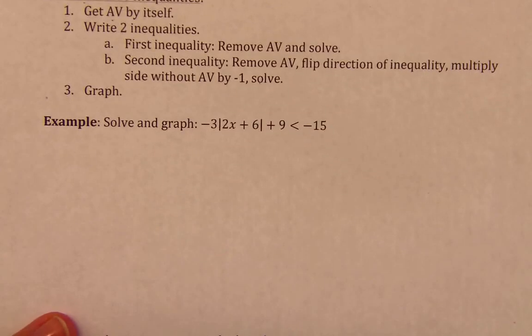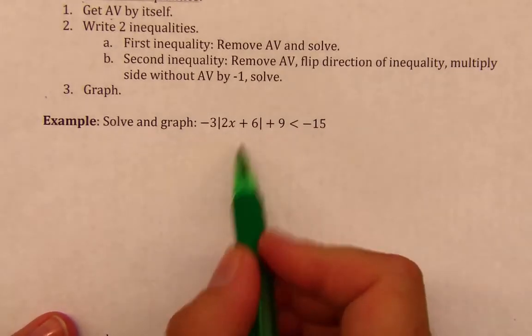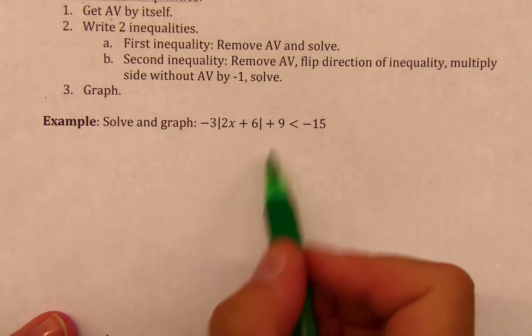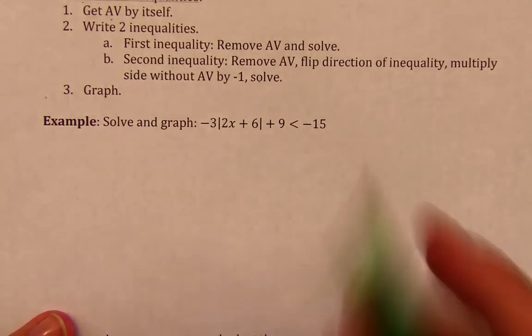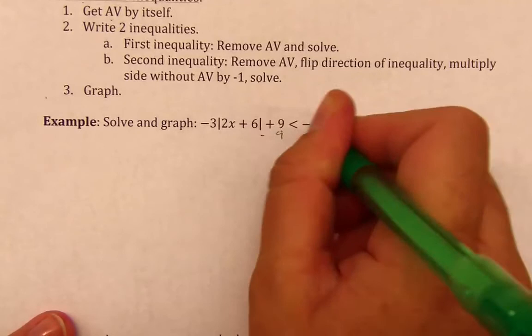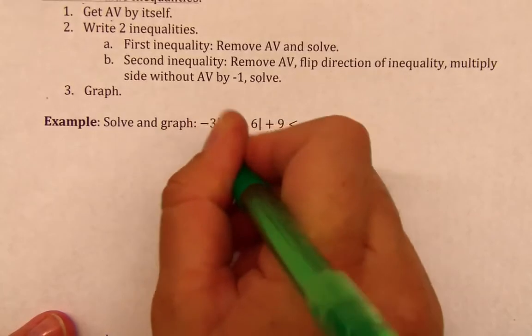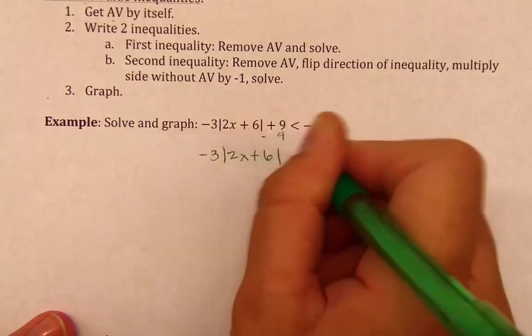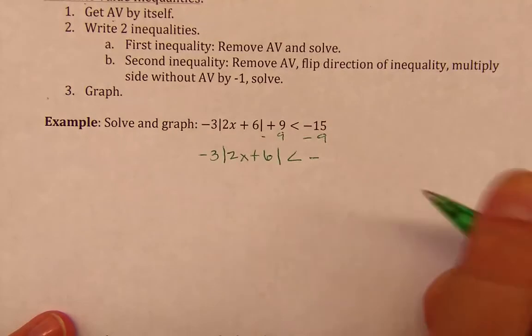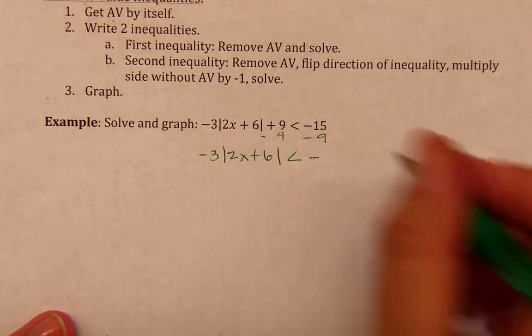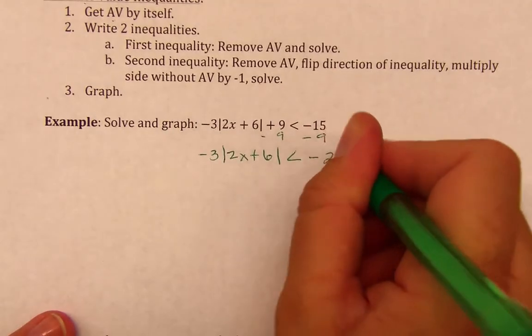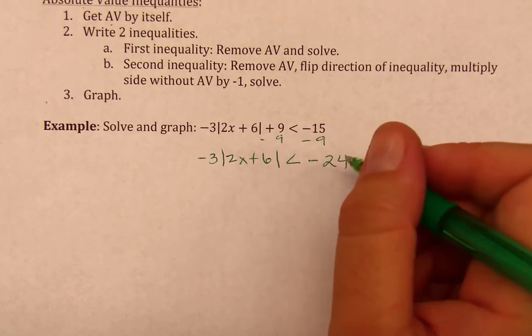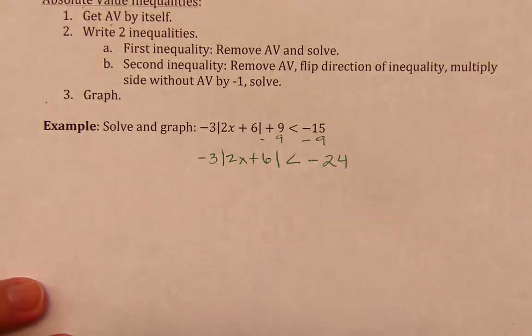So here we have negative 3 times the absolute value of 2x plus 6, plus 9, less than negative 15. So let's subtract 9. And negative 15 minus 9 is negative 24. And then we're going to go ahead and divide by negative 3.